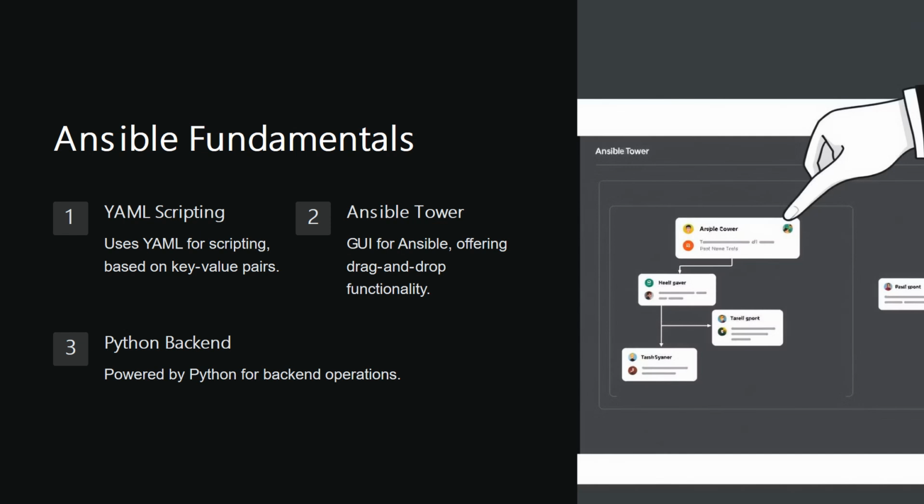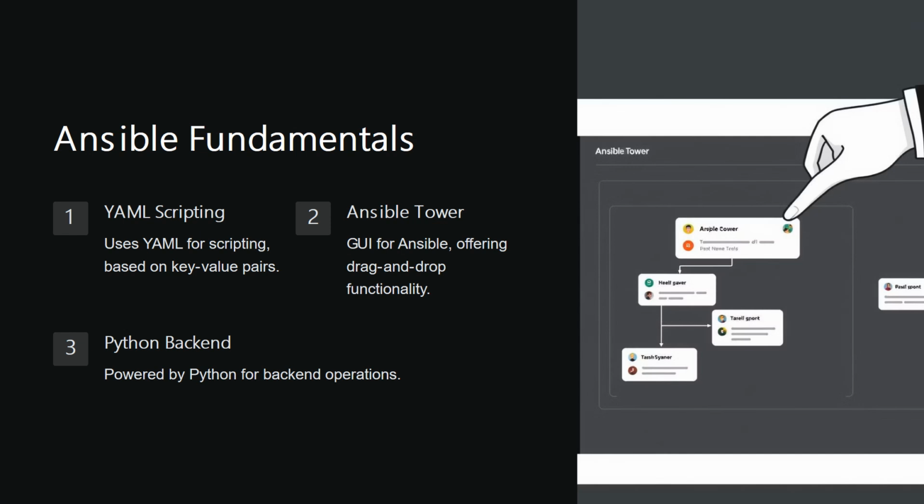I can operate Ansible in two modes. The first one is the command line interface. At the same time, I have the GUI as well. GUI stands for graphical user interface. By using Ansible Tower, I can do tasks in a GUI manner. It is simply drag and drop functionality.